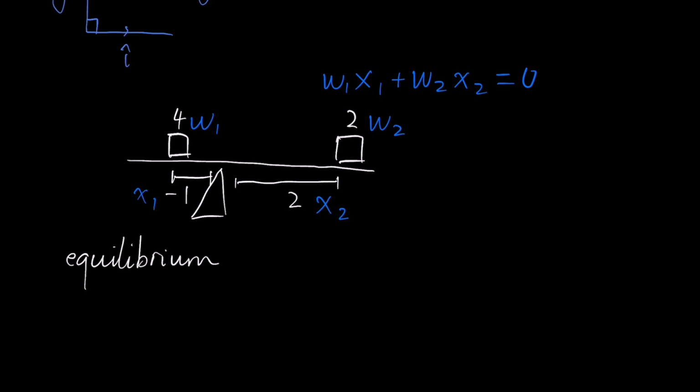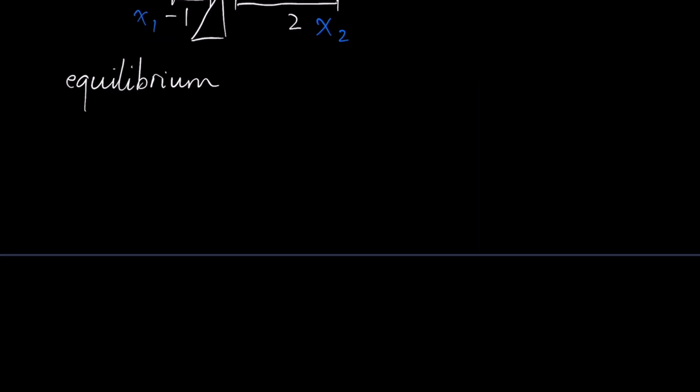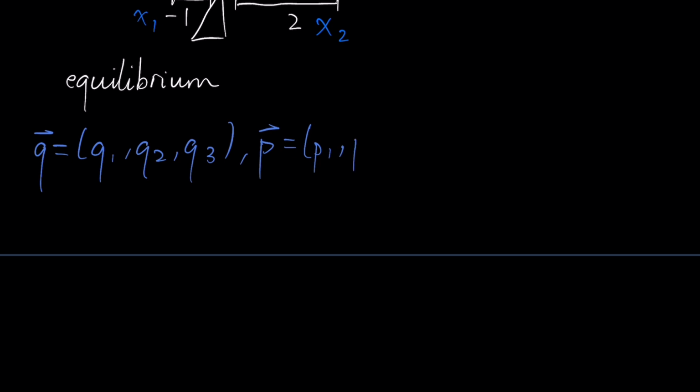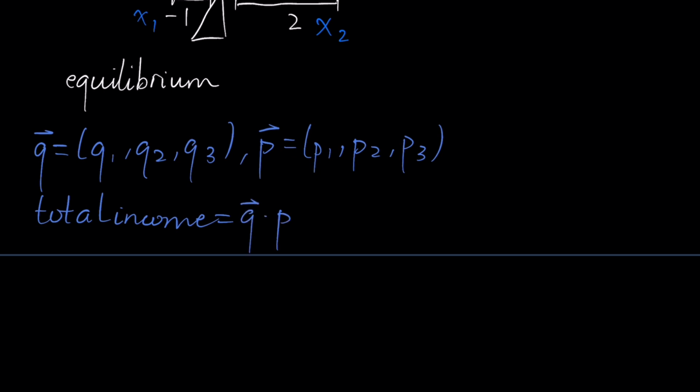It can also be used in economics and businesses. We can calculate the total income based on the dot product. If we have a vector of quantities, quantity 1, quantity 2, quantity 3, and a vector of prices, price 1, price 2, price 3, then notice that our total income, or the total you have paid, is actually equal to Q dotted with P. Because this is quantity 1 times price 1 plus quantity 2 times price 2 plus quantity 3 times price 3.